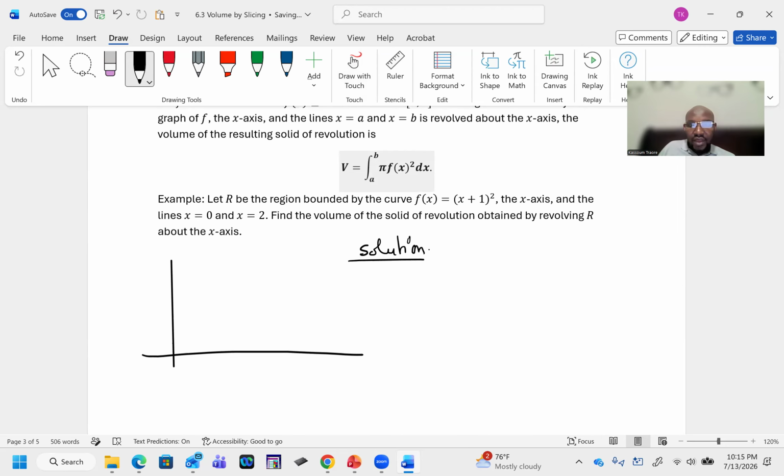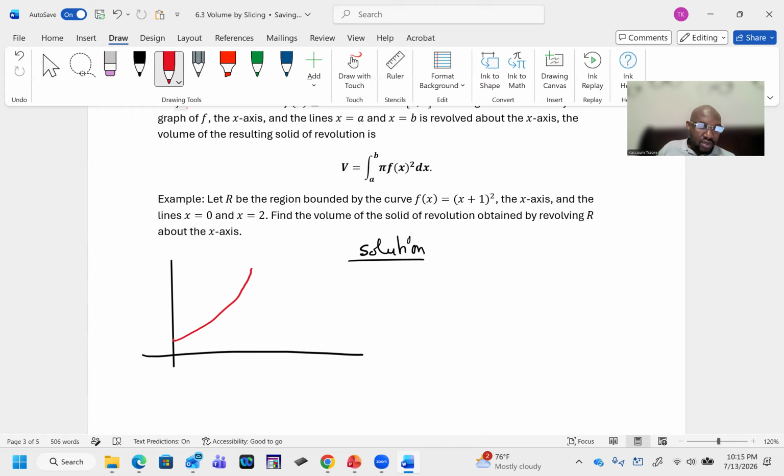The graph of f of x is equal to (x plus 1) squared from the point 0 to 2. The shape of the graph is a parabola, because at 0 that's 1. It will be something like this, right?